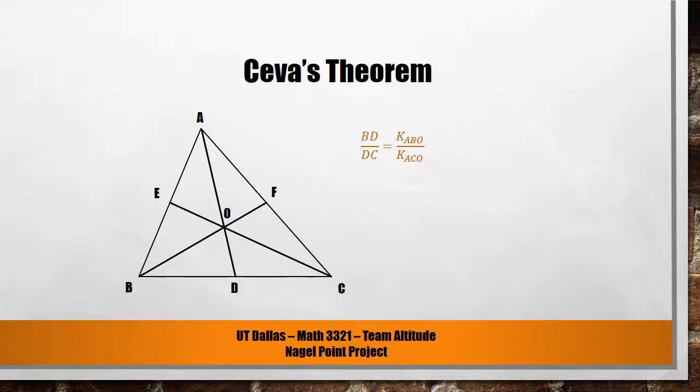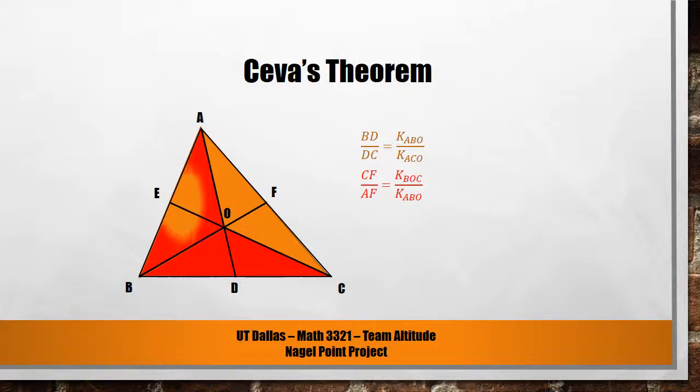Since I just proved BD divided by DC equals the area of ABO divided by the area of ACO, similarly, on another side, CF divided by AF equals the area of BOC divided by the area of ABO. And AE divided by BE equals the area of ACO divided by the area of BOC.